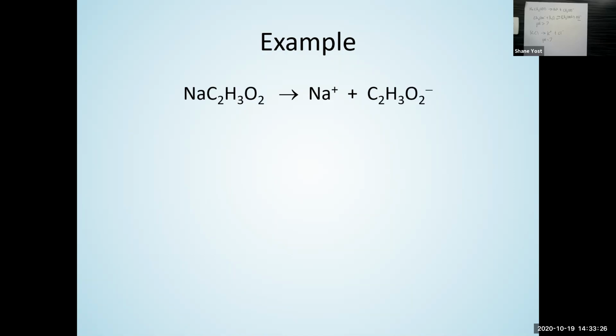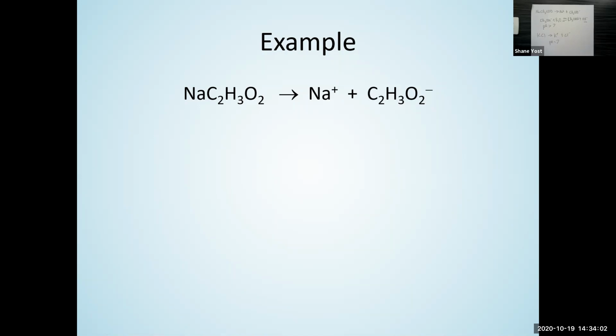Sodium acetate. C2H3O2 is another way of writing the acetate formula, CH3COO minus. With sodium acetate in solution, is this solution going to be acidic, basic, or neutral? Again, we've established sodium doesn't do anything in solution, but the acetate ion itself is a weak base.